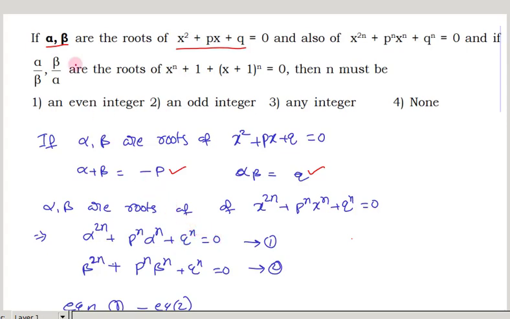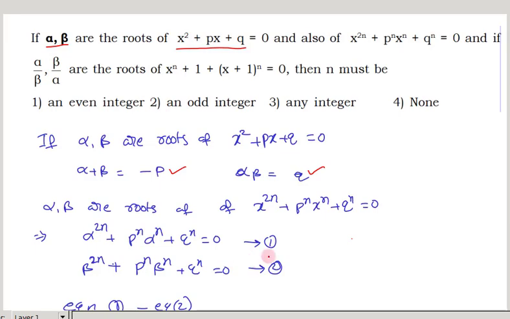Similarly, on substituting beta in the place of x in this equation, we get a second equation, that is beta to the power of 2n plus p to the power of n into beta to the power of n plus q to the power of n is equal to 0.